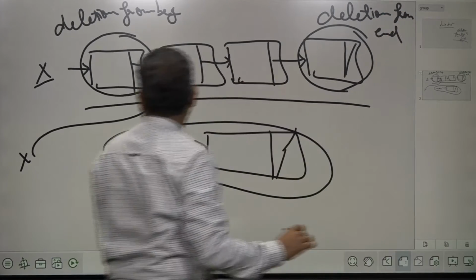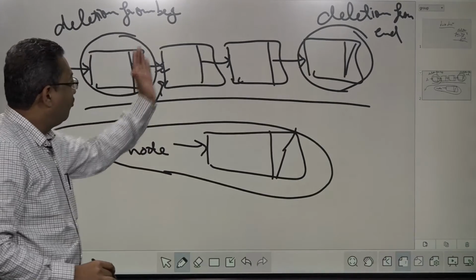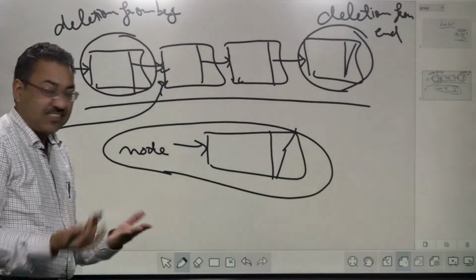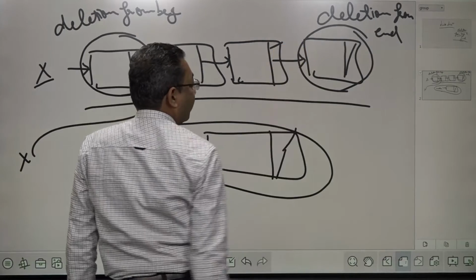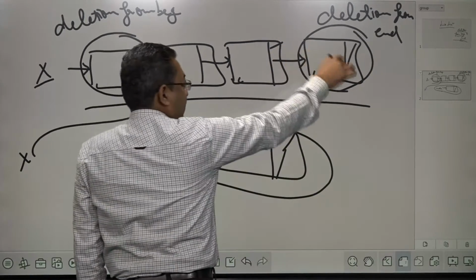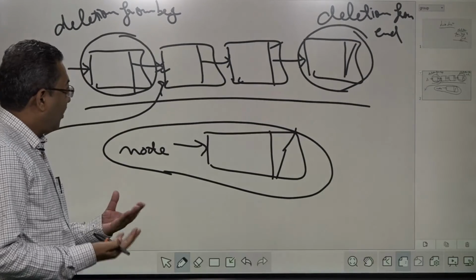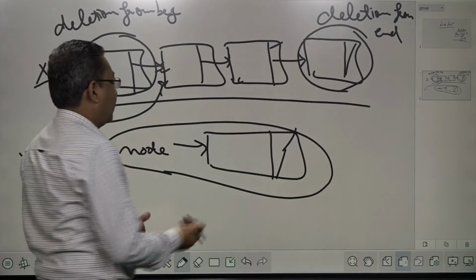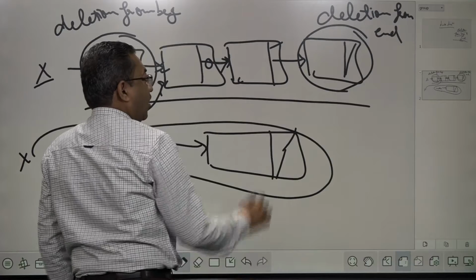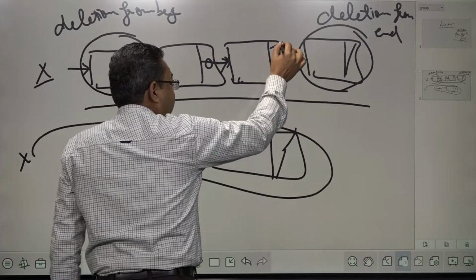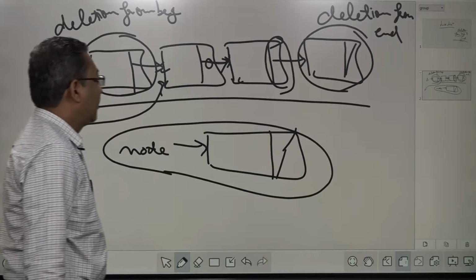How is it possible? You are always with this x. So what to do? Go for the traversal, and once you are here, remove this. You cannot go for this directly. So you have to remain one step prior to that. That means you are here and you have to change the information in the link or the next part of this node.